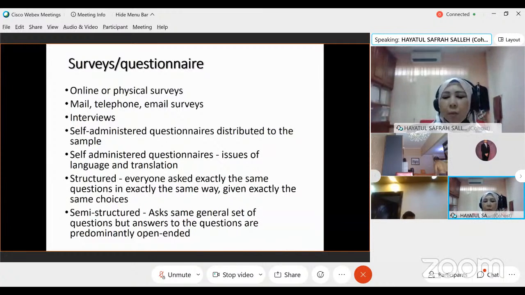So we make it open-ended, for our respondents to write down what their answers are to those questions. From that we know that there are other findings that we can get by using semi-structured. So it depends on you, which one you want to use.